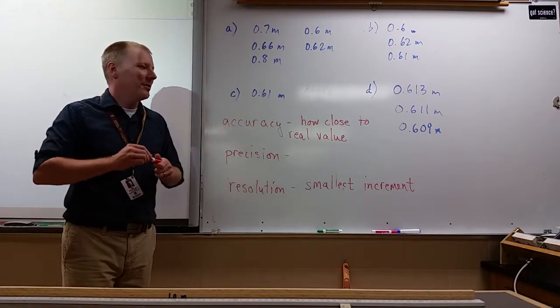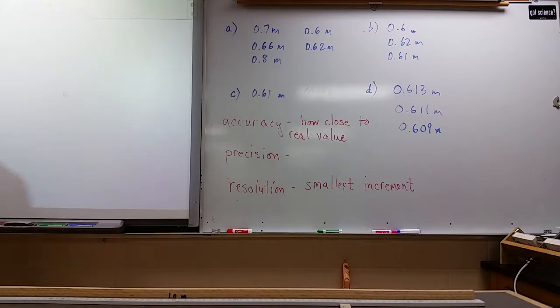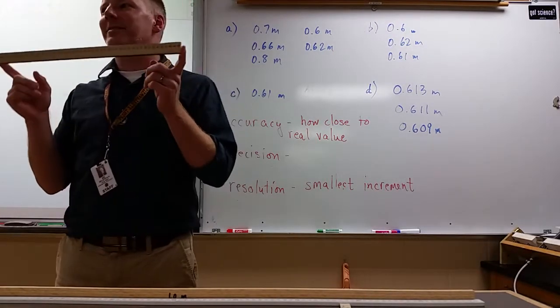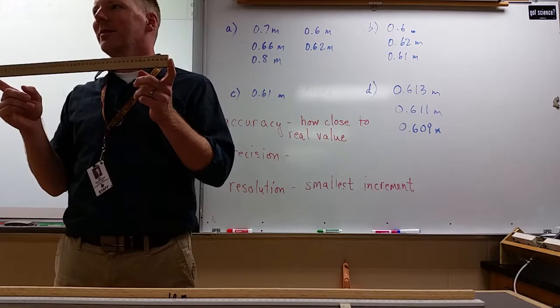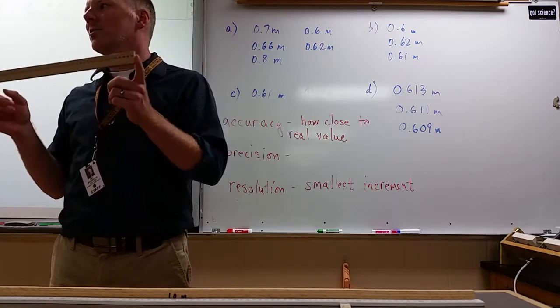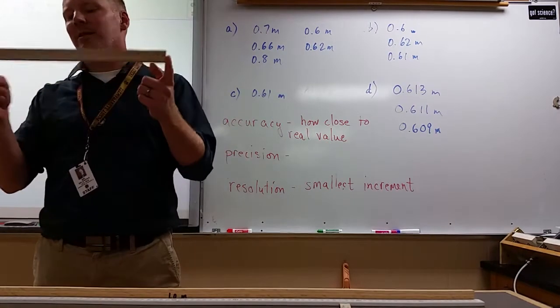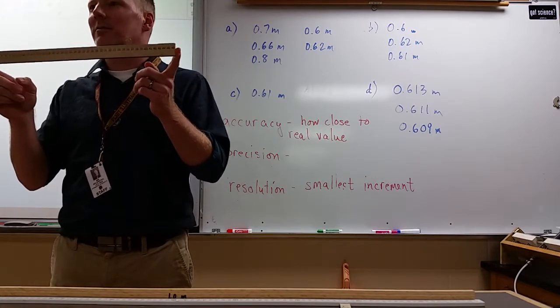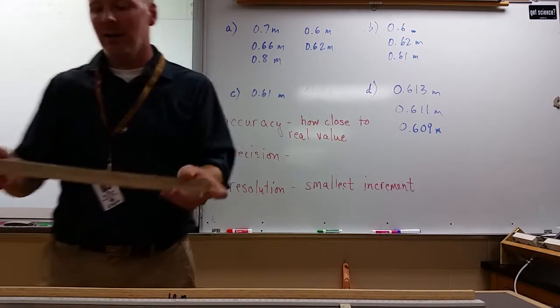If I had given you something like this in the first case and labeled this as a meter, we would have serious accuracy problems, even though you might use the tool correctly. So accuracy also plays into, is our measurement device worth anything at all? So that's a real concern.